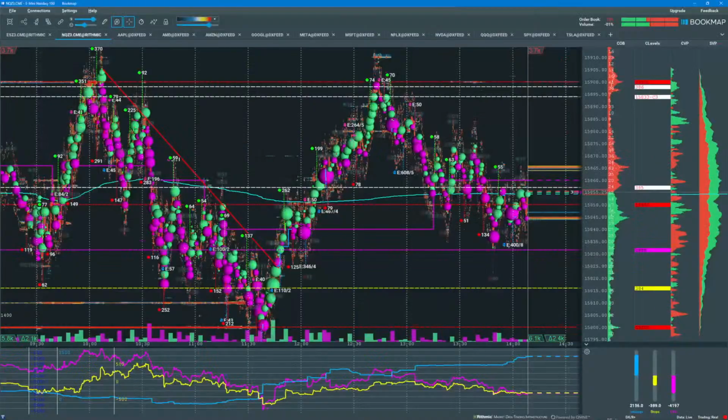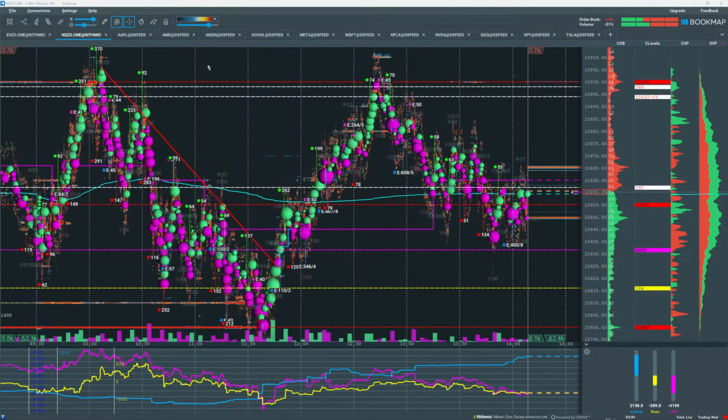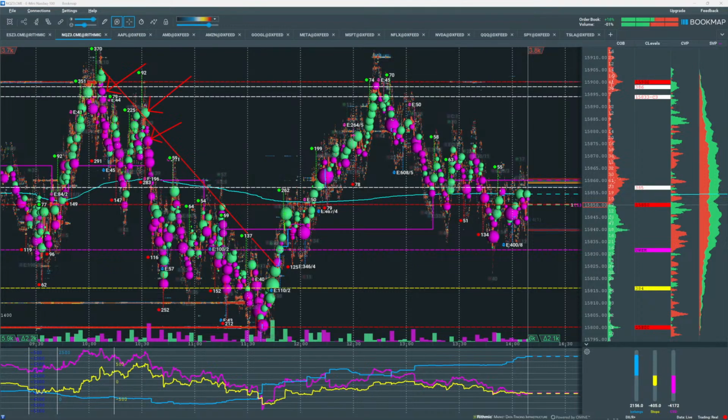Let's go back to NASDAQ. So kind of an aggressive initial entry point, and then more of a confirmation entry point, pull back to a trend line, aggressive sellers coming in as traders were taking negative delta positions.